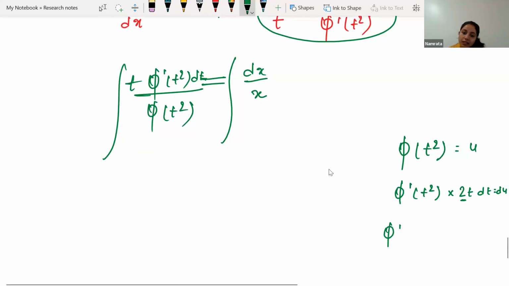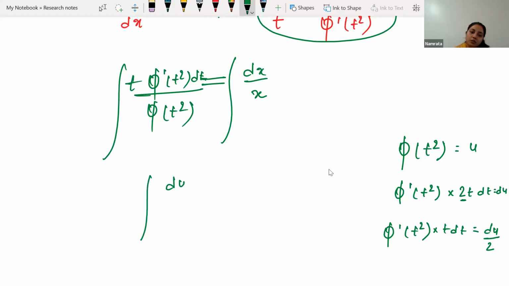We will have phi dash t square times t dt is equal to du by 2. I am going to substitute it over here. So we will have du, here we will have 1 by 2, and here we will have only u, which is just ln x plus c, the constant of integration. Is it clear so far?